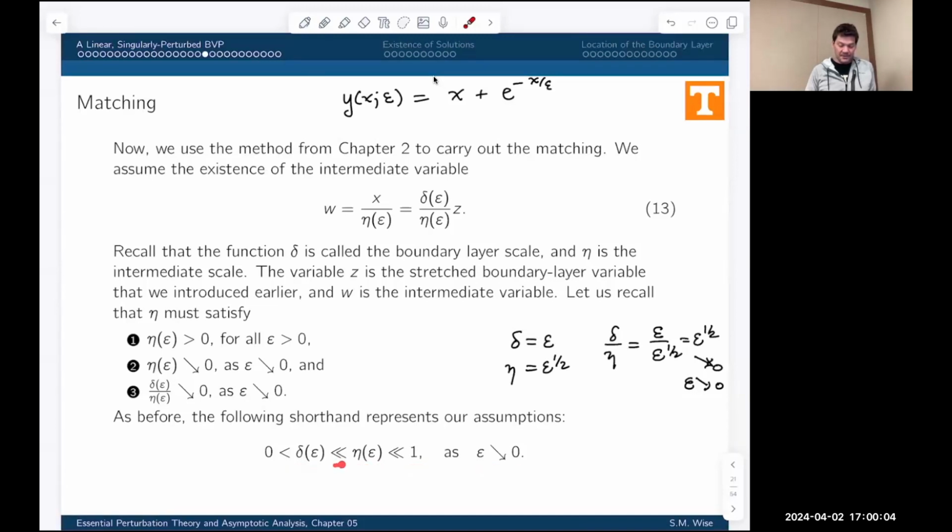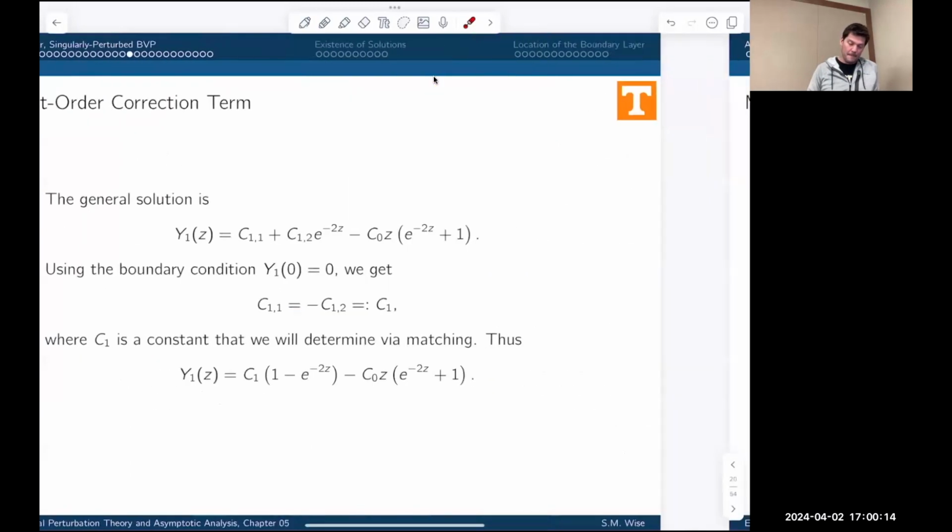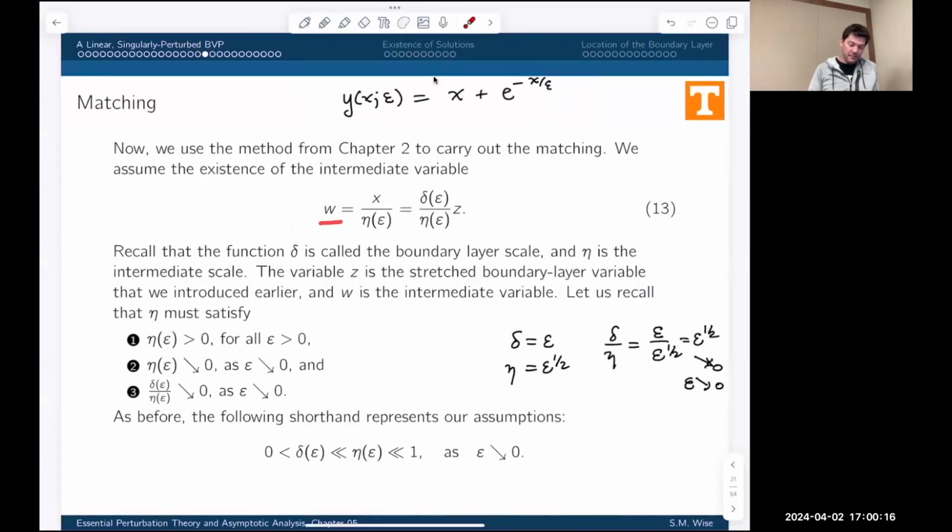That's what this terminology means. This is just a shorthand representation for all of this. Any questions about that? So we're introducing an intermediate variable and an intermediate scale. Delta is called the boundary layer scale.